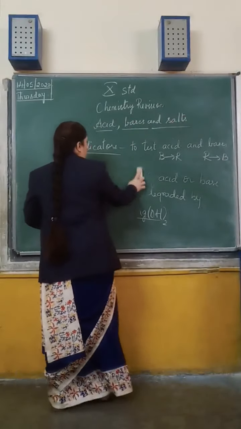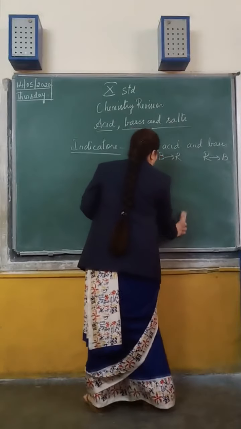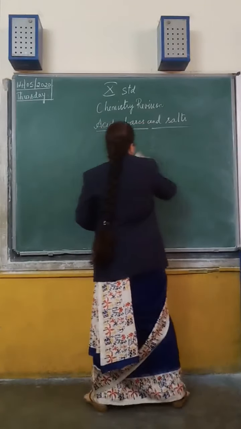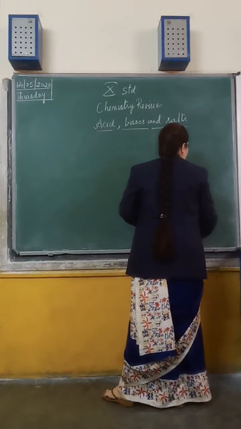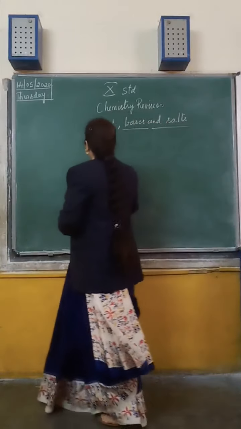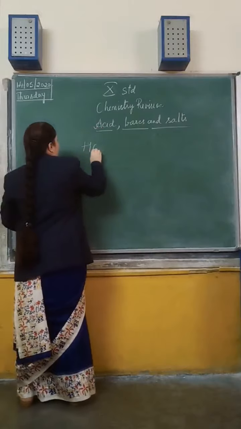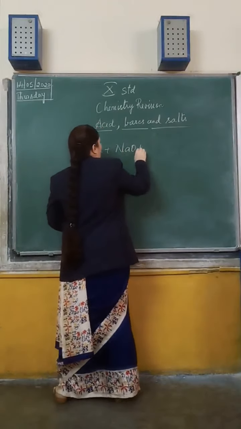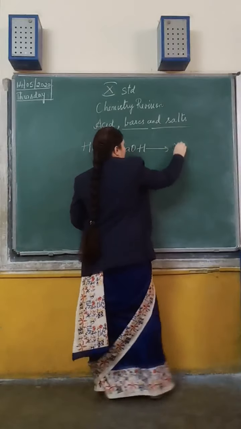Example of salt, the everyday salt that we use, can you say? That is sodium chloride. Sodium chloride is the everyday salt we use. Neutralization reaction is the reaction of an acid with a base to form salt and water.